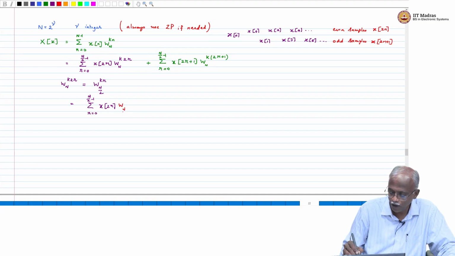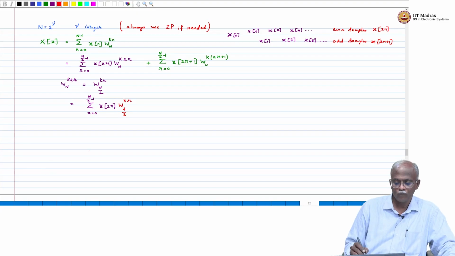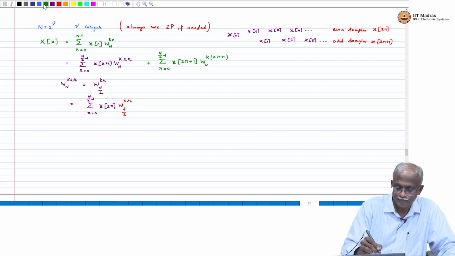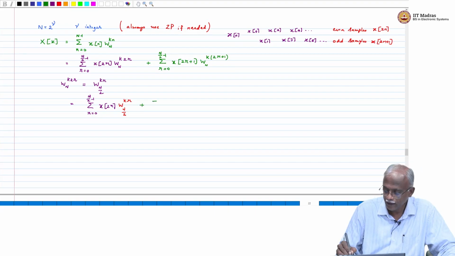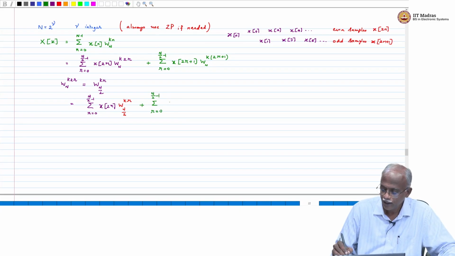Simplification, W_{N/2}^{kr}. Okay, and the second term is in green, r equal to 0 through n by 2 minus 1 x of 2r plus 1. Expand this, it becomes a scale factor which is W_N^k, and then W_{N/2}^{kr}.